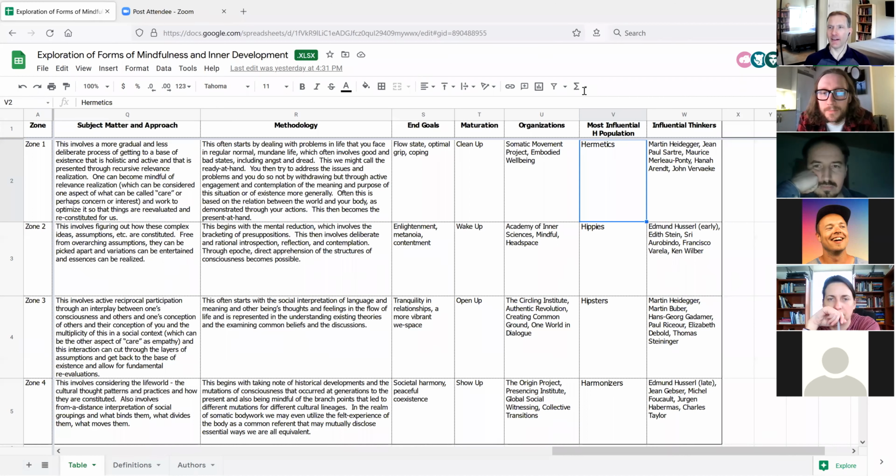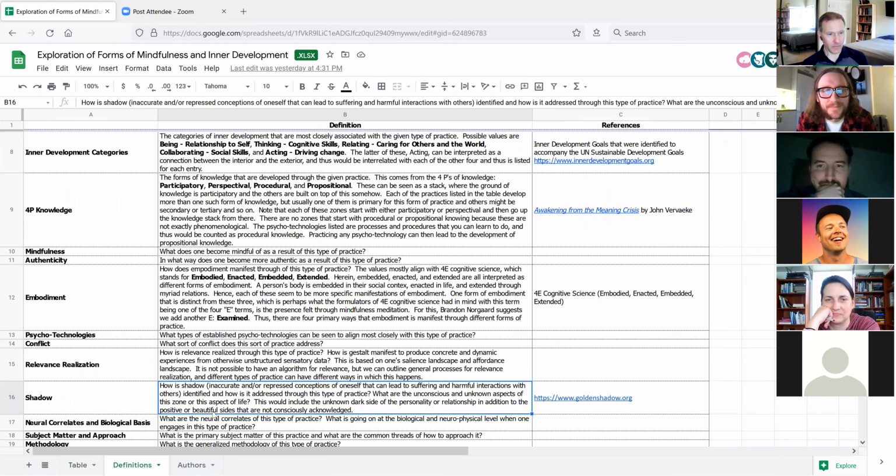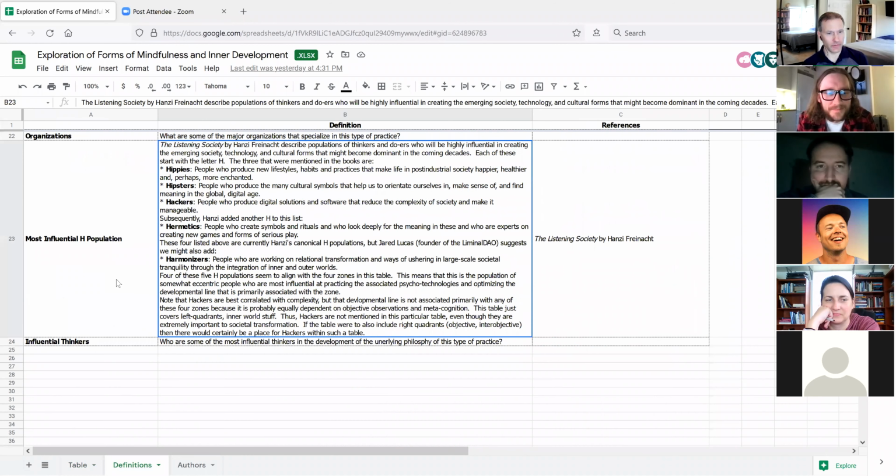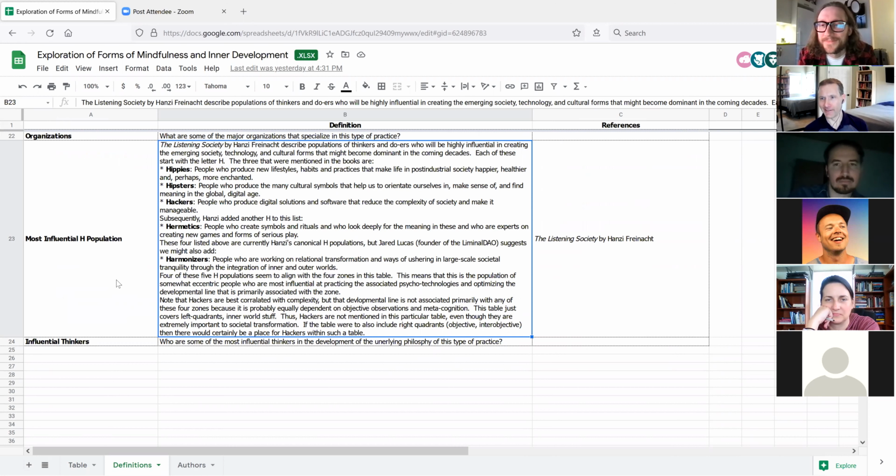But then I also wanted to bring in a 5th H, because if we go to that column here, that definition, we can see how Jared Lucas had actually suggested that maybe there could be a 5th H, harmonizers, right?